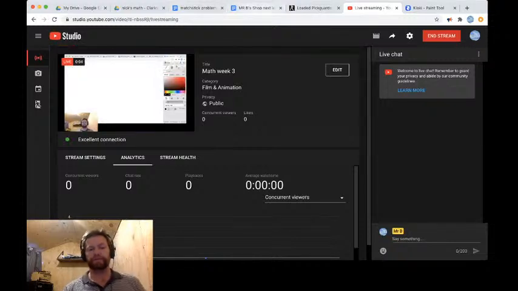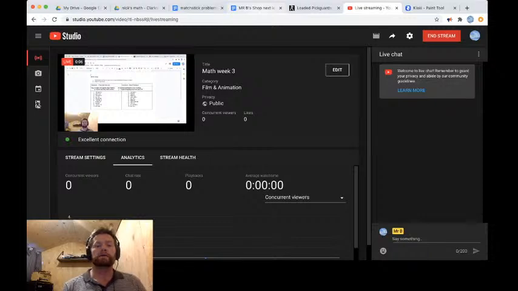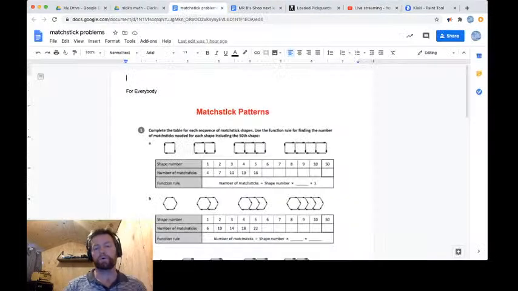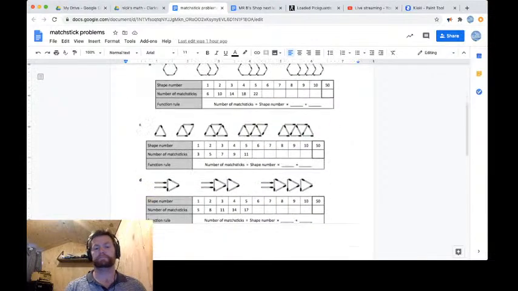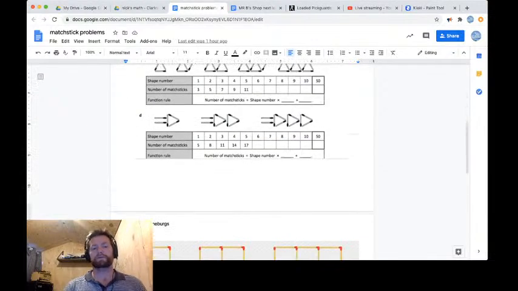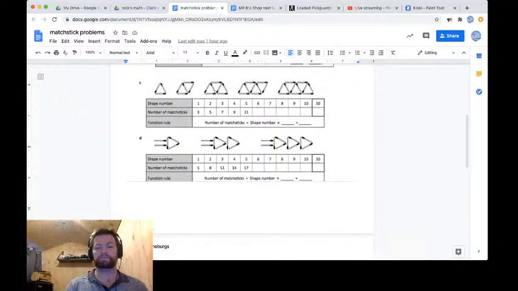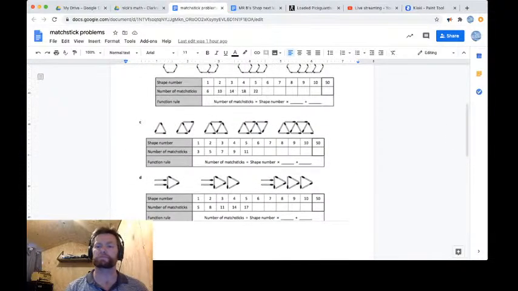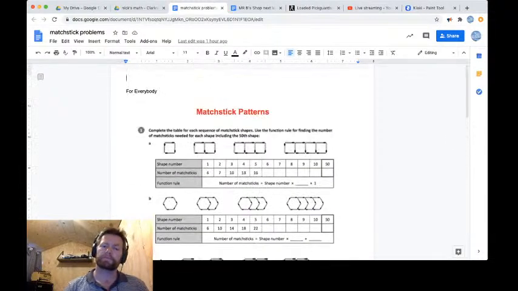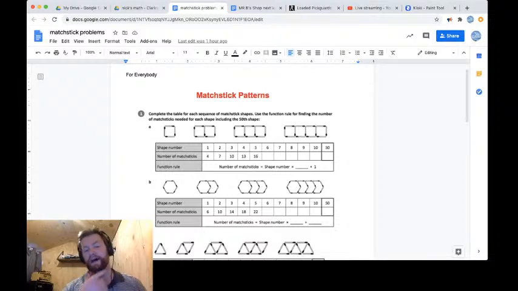So, two major focuses of this week. We're going to carry on doing more work with our matchstick style problems, creating a formula to predict how many certain shapes will be. We're going to review that because we had some good work done, but some people were making their lives a little bit harder than they need to be.